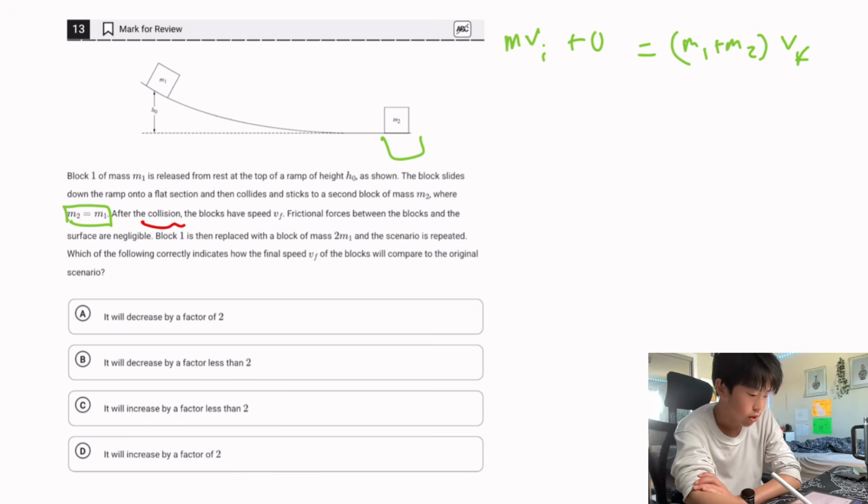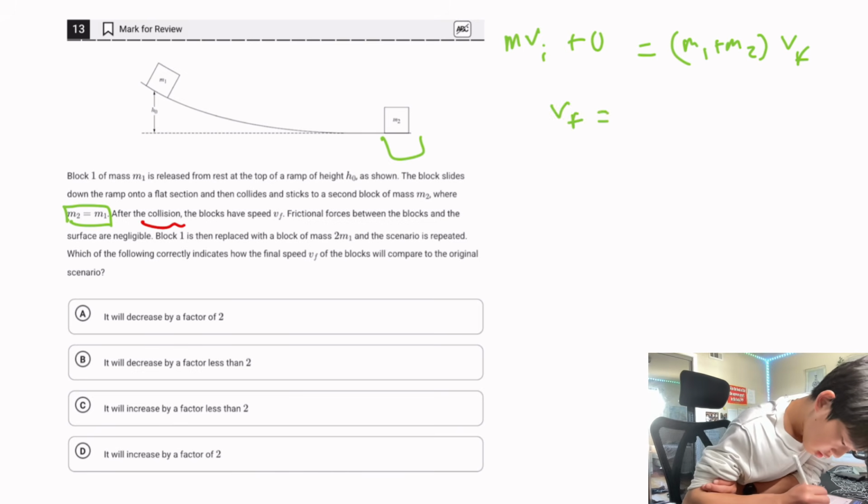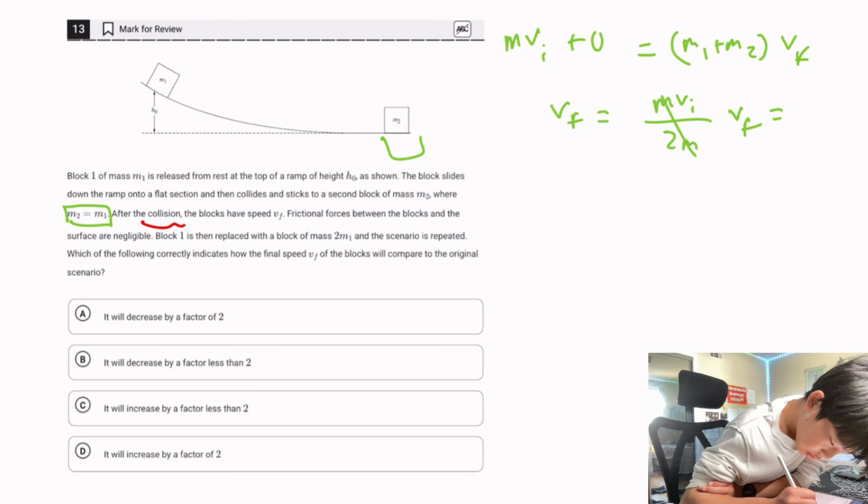So v final is equal to m v initial over m1 plus m2. That's just 2m. V final is equal to v initial over 2.